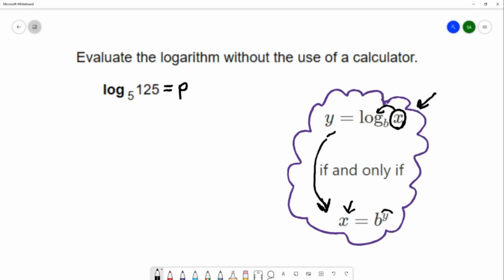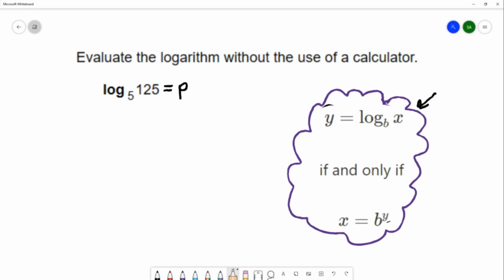And then here I have the y, which is where x would usually be in that position, and that is what the log is equal to. So we're going to pay attention to this relationship between the log and the exponential. I'm going to pay attention to the position of all of these symbols so that we can see how to translate our equation into an exponential equation.